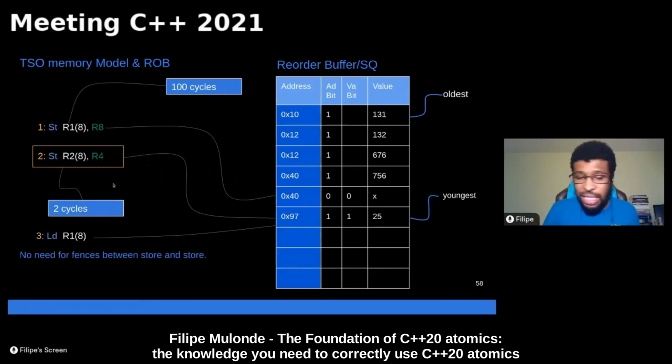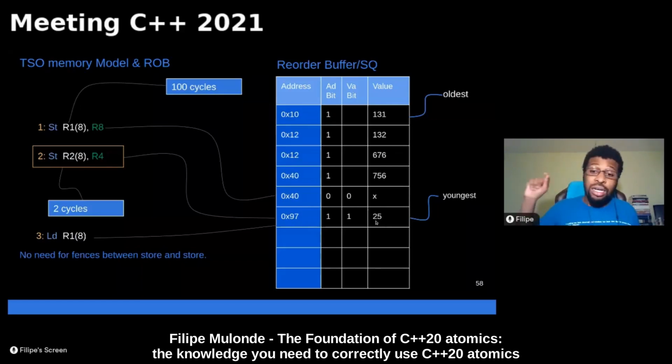Sorry again. Another important thing to mention is that because we have the buffer, it affects the visibility to other cores. When the third instruction is going to access the value that was written by the previous store, the second instruction, it will find the value in the reorder buffer.